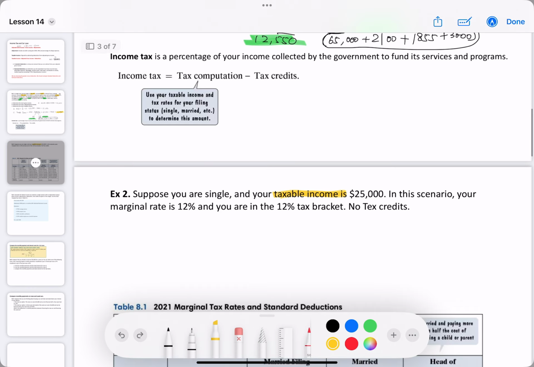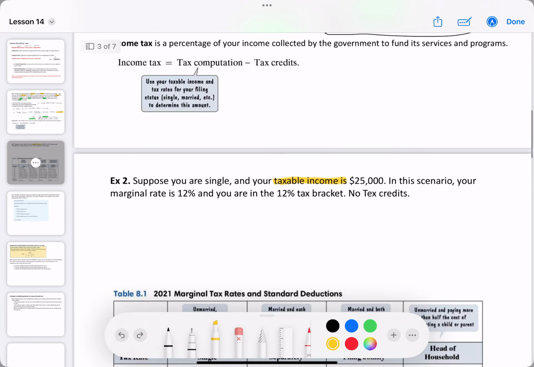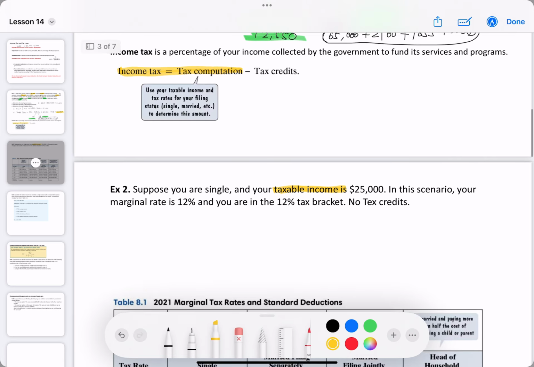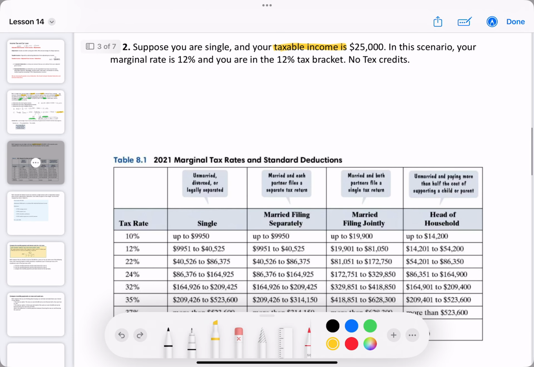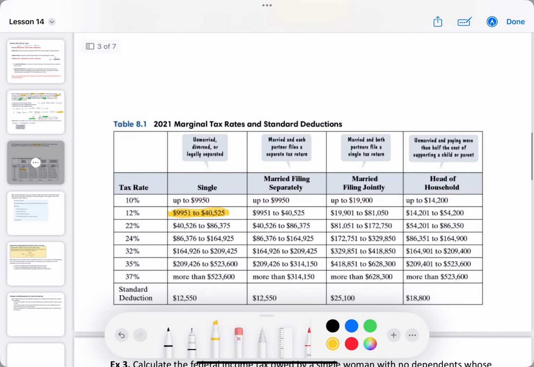Looking for the income tax, we have the formula here: equals tax computation minus tax credit, and I don't have tax credit. I only need to stop here. Income tax equals tax computation. Okay, how to do the computation? Using your taxable income, $25,000, which is in this bracket.